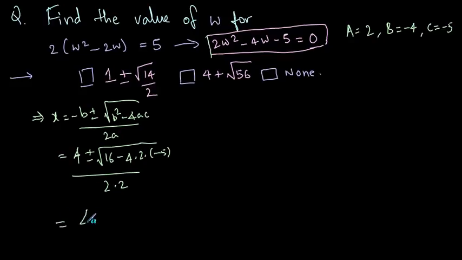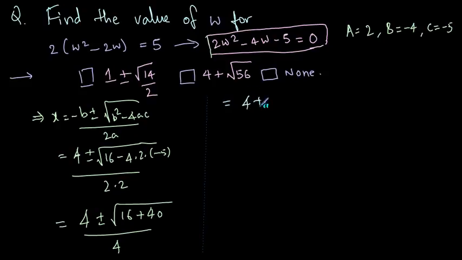Let's solve this. 4 plus minus under root of 16, minus into minus becomes plus, 4 into 2 is 8, into 5 is 40, divided by 4. This gives us 4 plus minus under root of 40 plus 16 is 56 divided by 4.